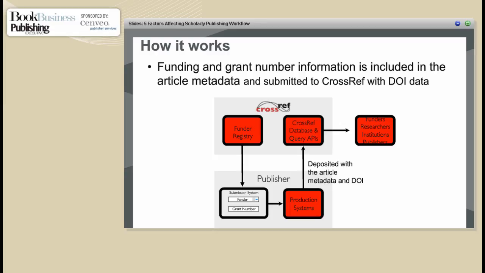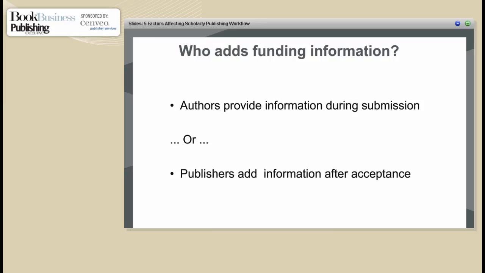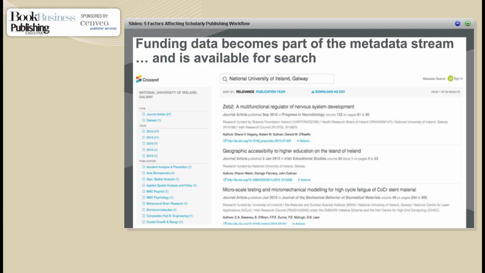Crossref then ingests that data, processes it, and makes it available to the wide scholarly community for mining, distribution and searching. And so, as I said, it's either the authors or the publishers having to actually find the information and supply the metadata. And so in the end, what you have is a searchable set of metadata.